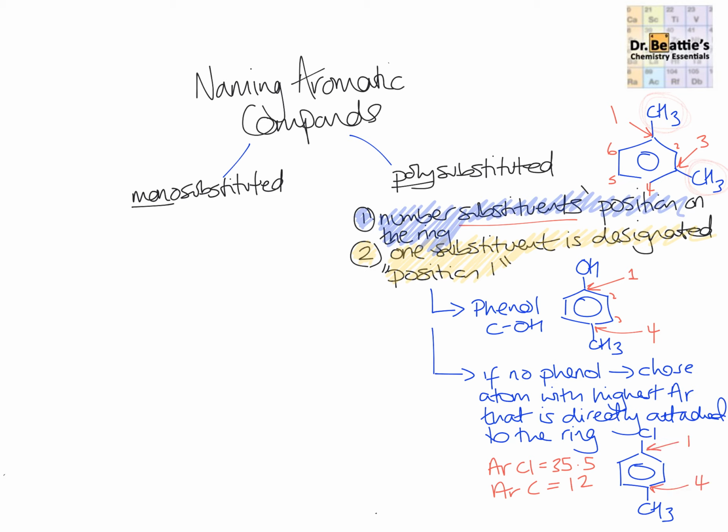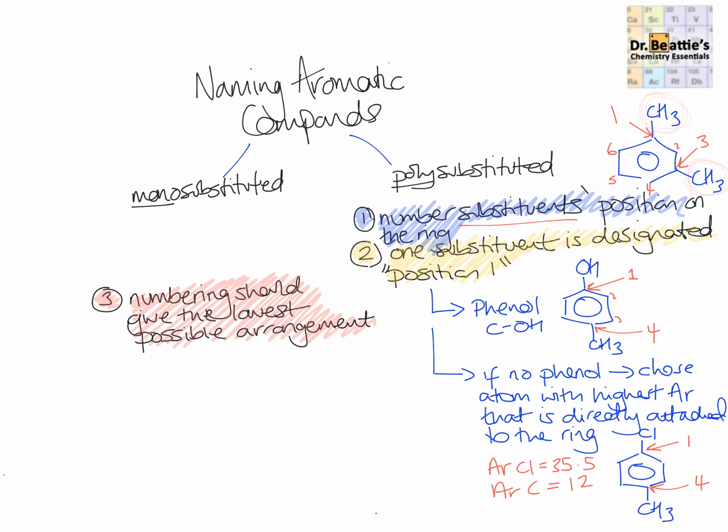Now we also want the combination of numbers to be the lowest possible arrangement. So if we look at this example where we've got dimethyl benzene, I could label one of these positions where the substituent's attached as 1. Let's just choose this one. And then relative to that, I could go all the way around: 2, 3, 4, 5.